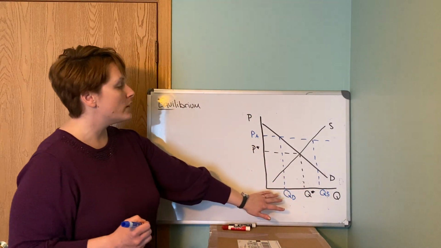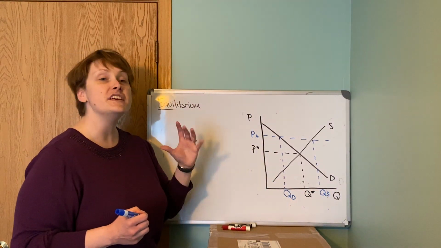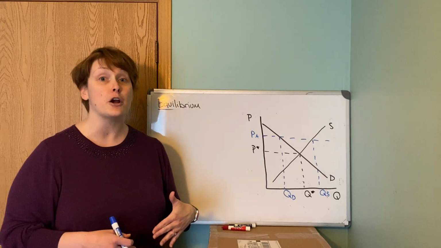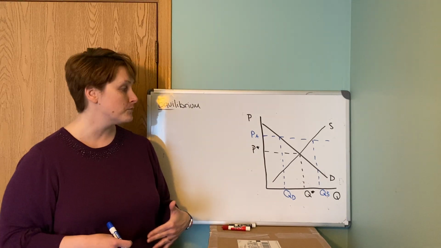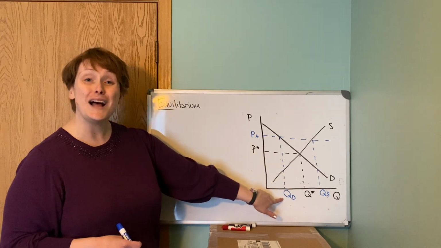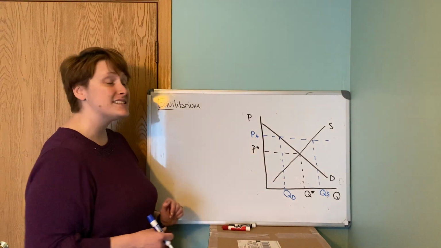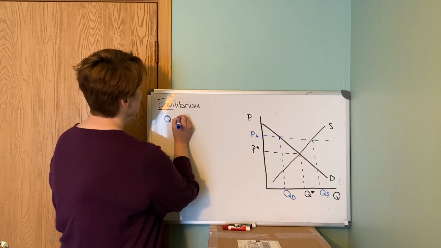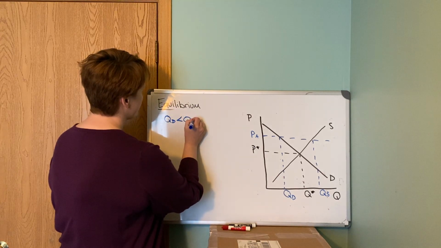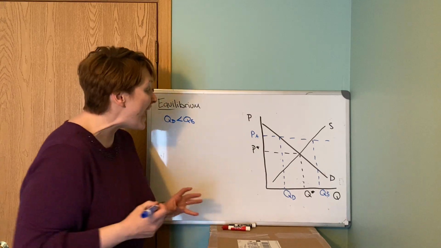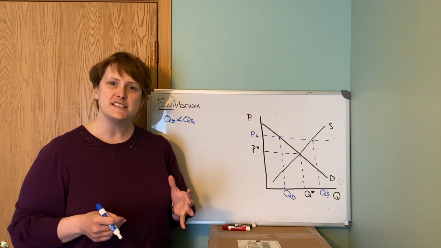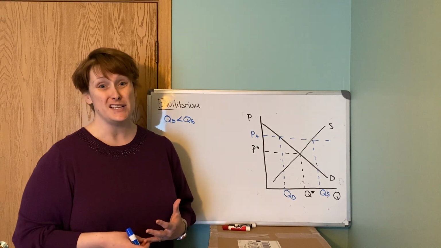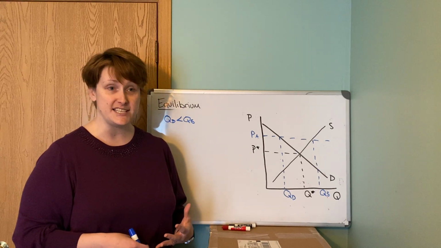The first thing we're going to see here is a reverse situation of what we looked at before when our prices were below equilibrium. Now, our quantity demanded is less than our quantity supplied. The buyers at these higher prices, because of the law of demand, as prices increase, quantity demanded goes down.